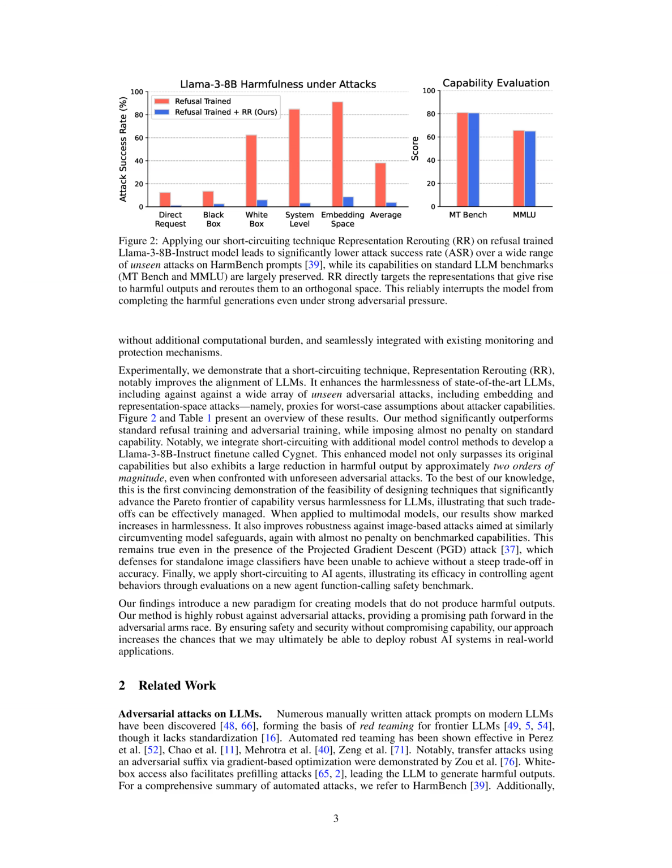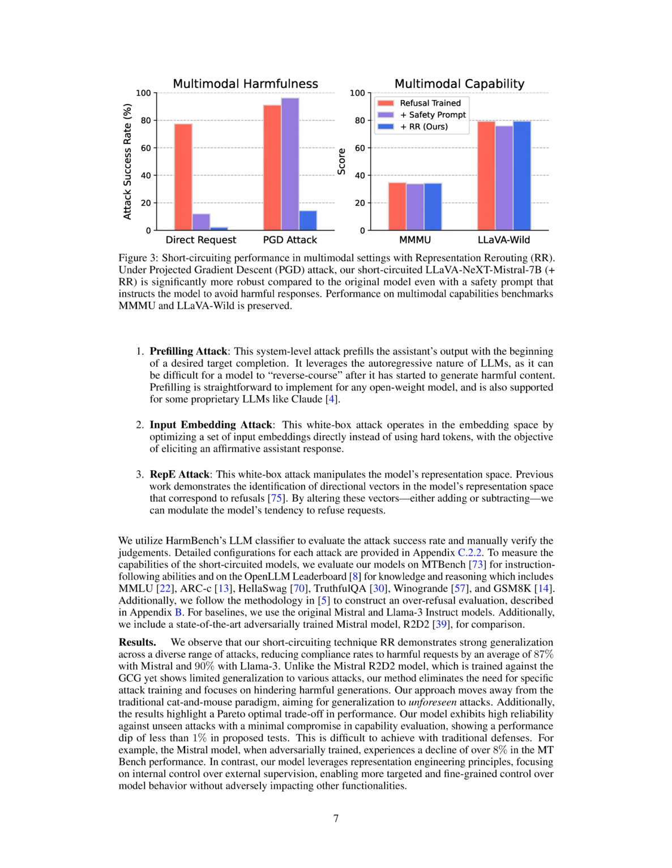The short-circuiting approach significantly improves the alignment of large language models, LLMs, and enhances their harmlessness against a wide array of unseen adversarial attacks. It reduces compliance rates to harmful requests by an average of 87% with Mistral and 90% with Llama 3, showcasing strong generalization across diverse attacks.